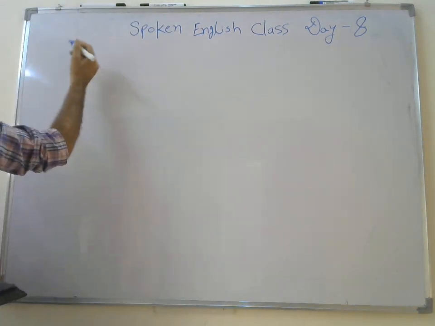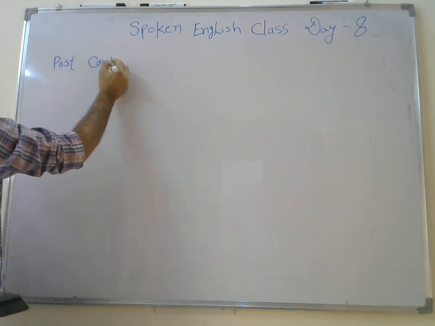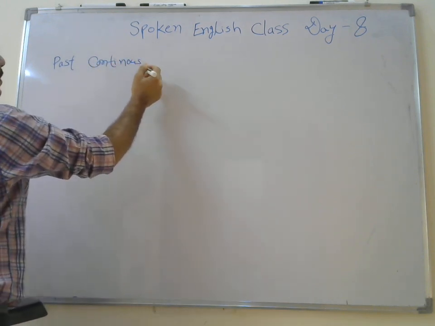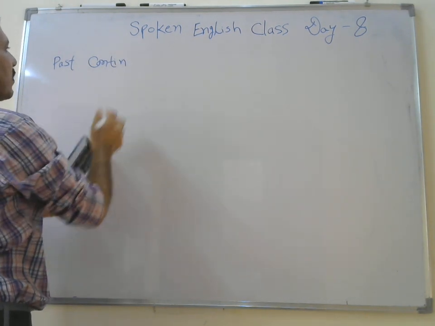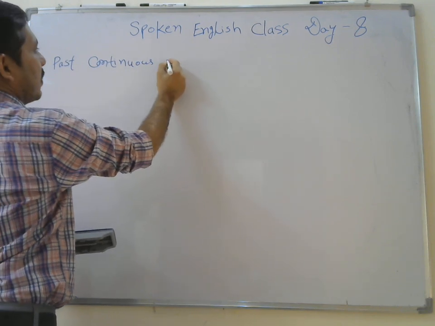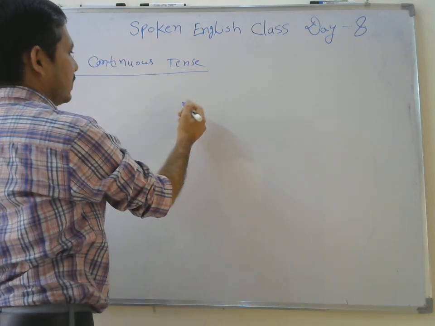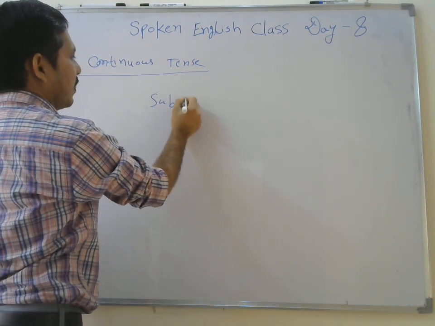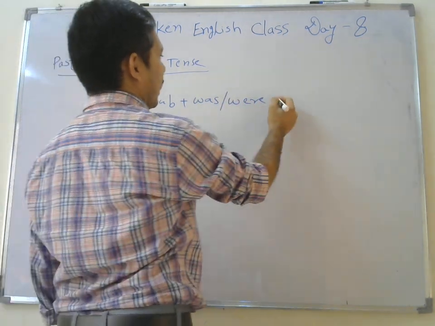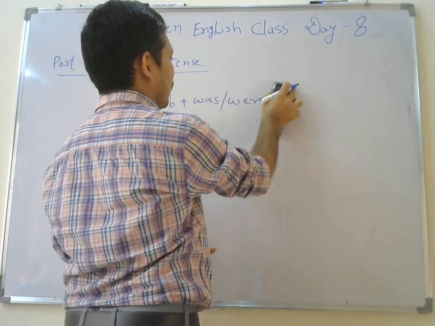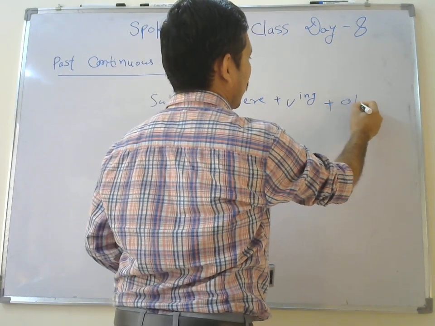So in the last class, we completed the past continuous tense. Here I told you the structure: subject plus the helping verbs was and were, and then your verb ing form will come, and then your object.